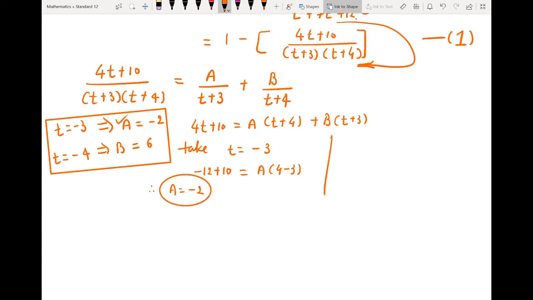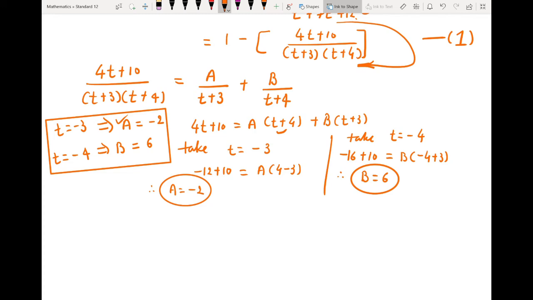Similarly, take t equal to minus 4, so minus 16 plus 10. Here when we take t equal to minus 4, t plus 4 will be 0. So b into minus 4 plus 3. So when we simplify, b will be plus 6. So b equal to 6.